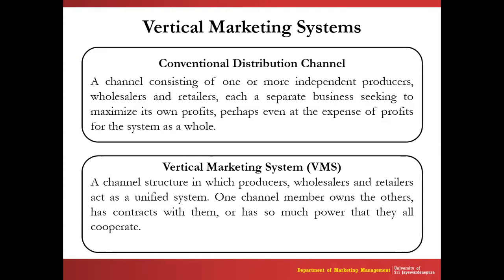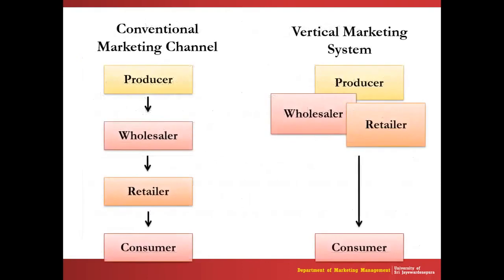So one channel member owns the others, has contracts with them, or has so much power that they will cooperate. So this is conventional, and this is a vertical marketing system. It has been clearly explained in the slide. You can see the graph of conventional marketing channels and the vertical marketing system. As I explained, producers, wholesalers, and retailers will act as a unified system and provide it to the consumer.